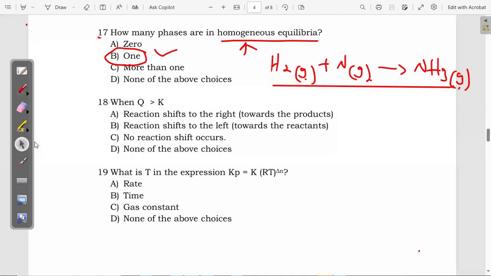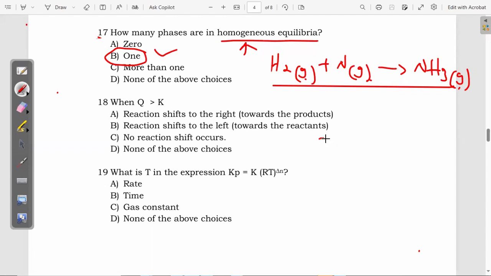The other question there is question 18. They're saying when Q, which is the reaction quotient, is greater than K, what happens to the reaction?